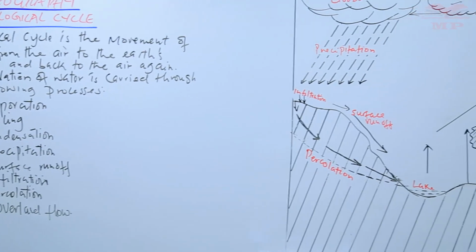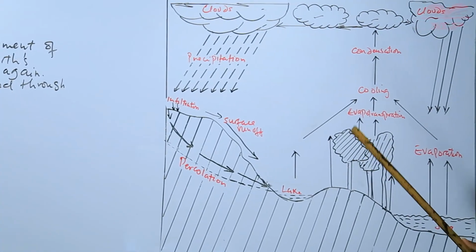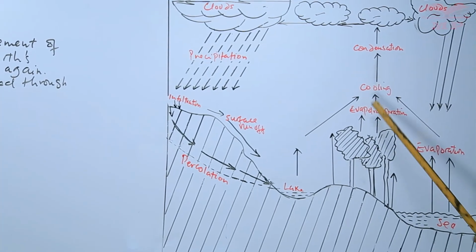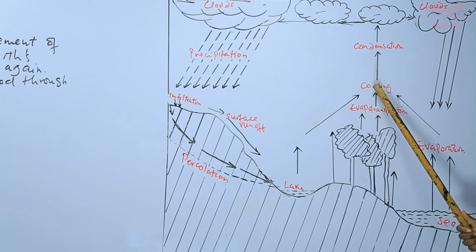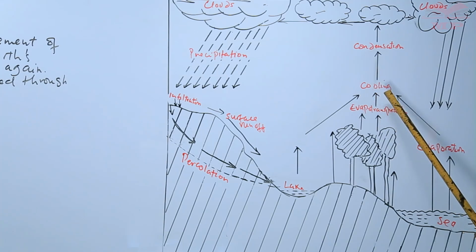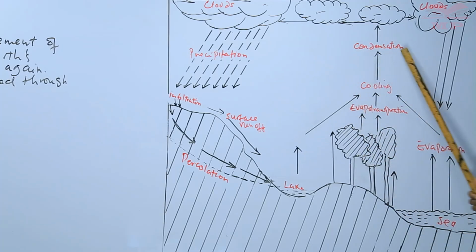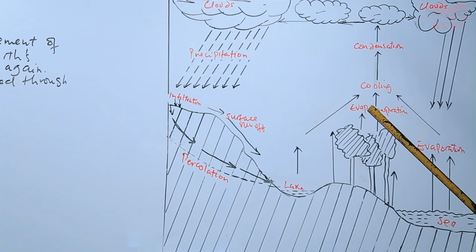Cooling, learners. Now, learners, as the water vapor rises into the atmosphere, it expands and cools because of the reduced atmospheric pressure in the upper layers of the atmosphere.